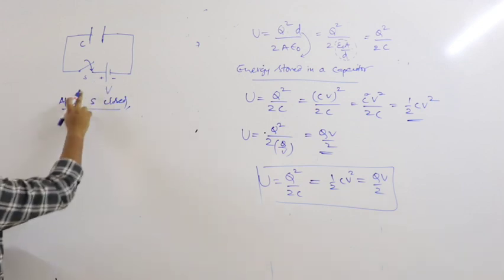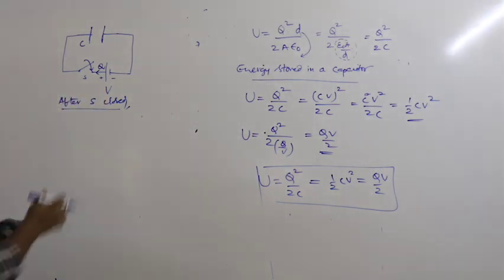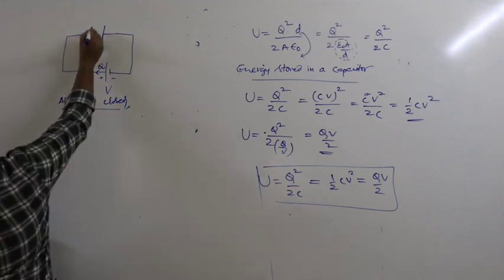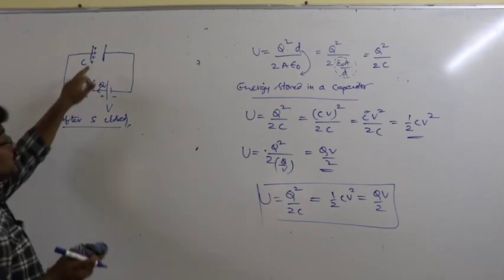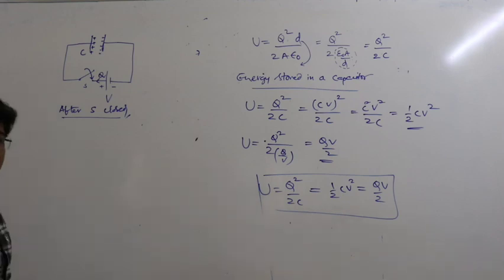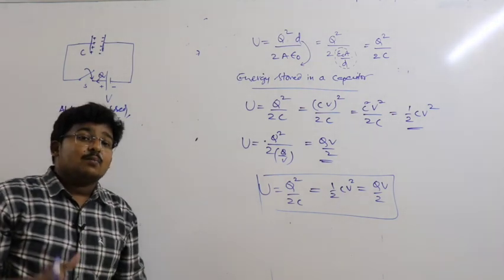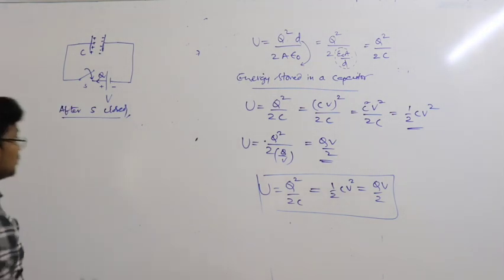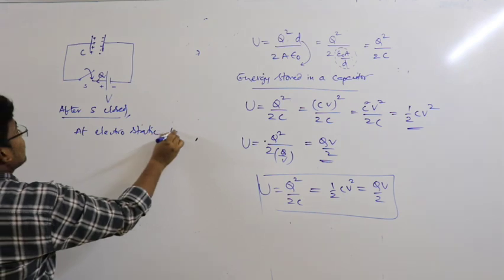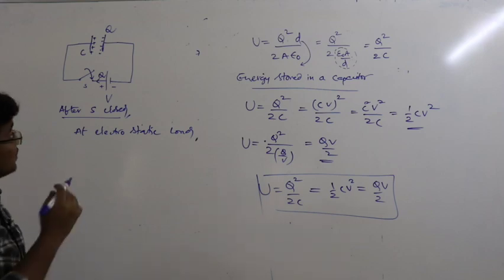When the switch is closed, some charge Q will start and deposit on the first plate of the capacitor, which is plus, and due to induction the other plate is negative. After a certain instant, when the electrostatic condition arrives, meaning both of them have the same potential, there is some charge stored in the capacitor.